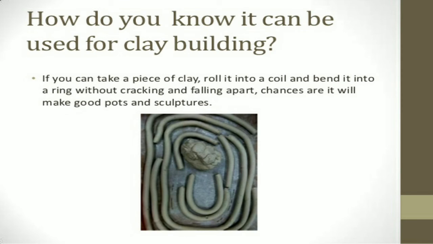If you can take a piece of clay, roll it into a coil, and bend it into a ring without cracking and falling apart, chances are it will make good pots and sculptures.